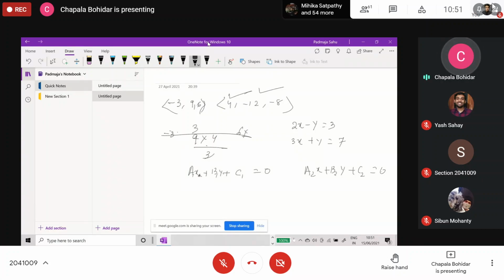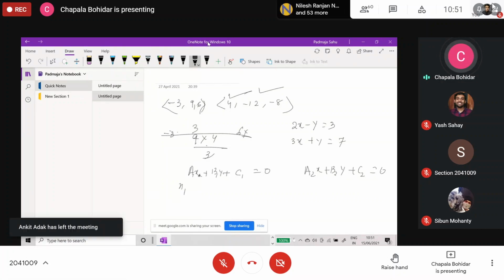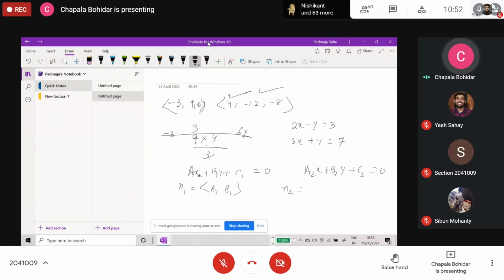So the normal vectors are N1 equal to (A1, B1) and N2 equal to (A2, B2). Cos theta is equal to N1 dot N2 divided by the absolute value of N1 times N2. Find out.